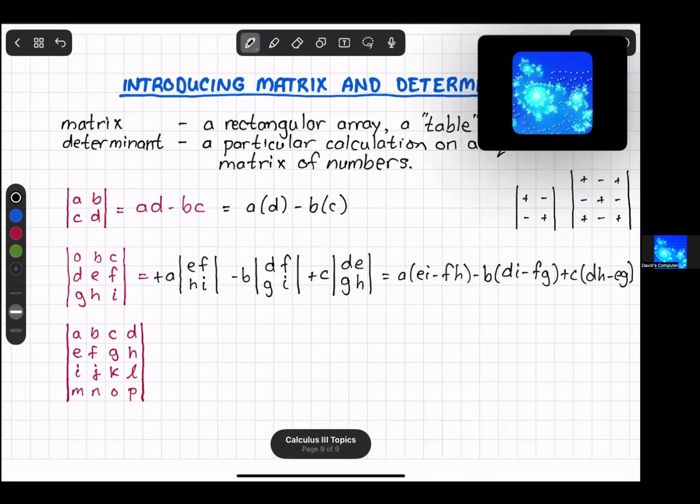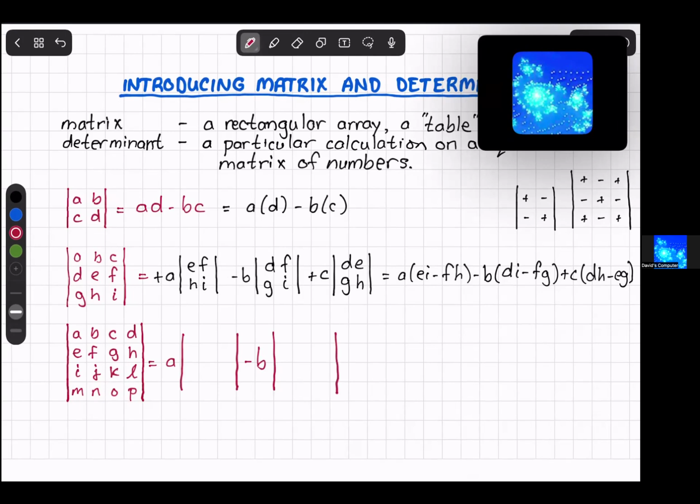We're not going to work on 4 by 4 matrices in this class, but if we did, we'd quickly write across the first row, A times the remaining 3 by 3 minus B, think of the checkerboard pattern, times the remaining 3 by 3, plus C times the remaining 3 by 3, minus D times the remaining 3 by 3 matrix determinant.